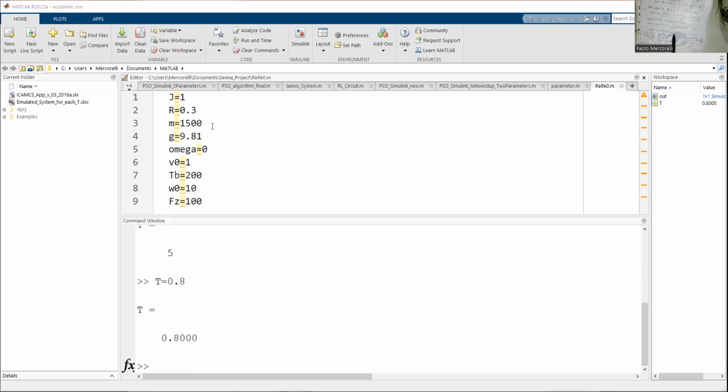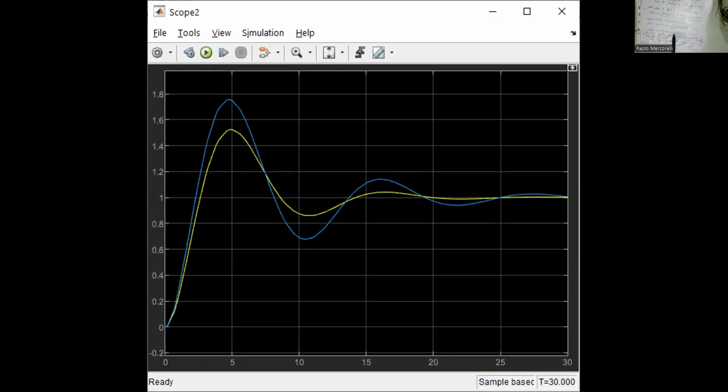Let me see. I don't know if it's better. We cannot see the difference, not so much. We have to put an indicator, probably.